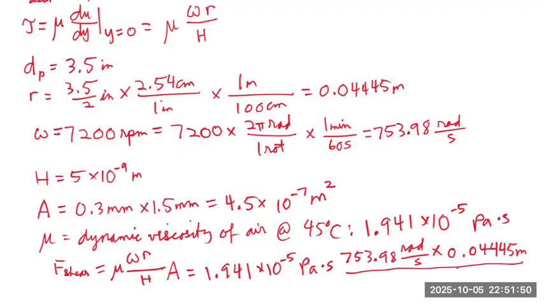So h is going to be 5 times 10 to the negative 9 meters.